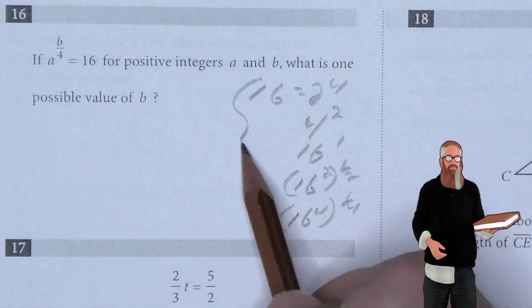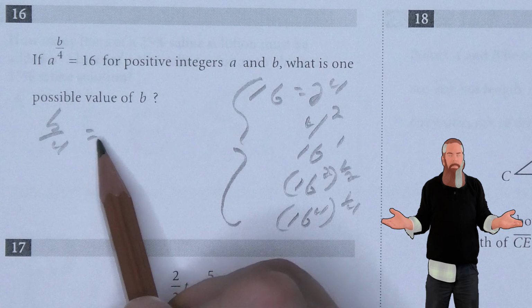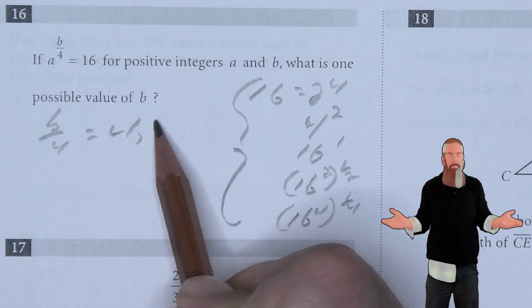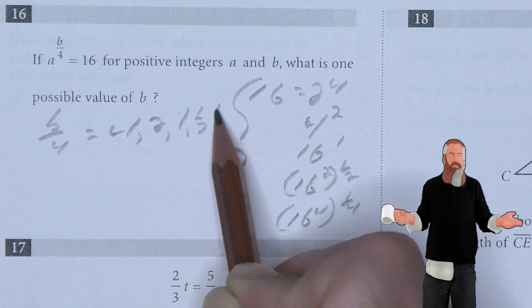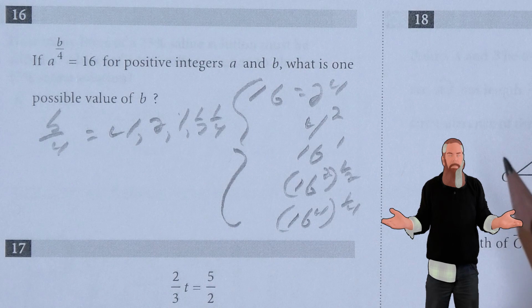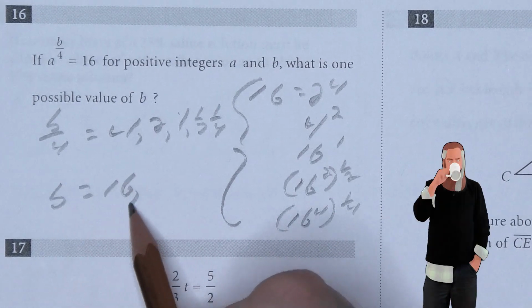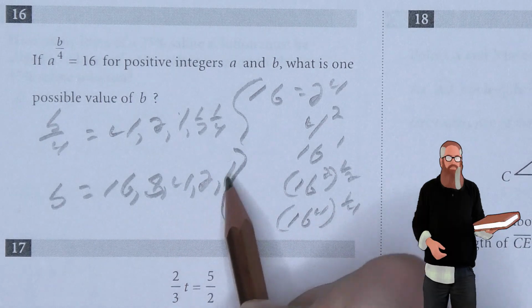Now I'm looking at all of this, and this tells me when I'm looking for a B over 4, B can be equal to 4, 2, 1, 1/2, 1/4. So B is equal to 16, 8, 4, 2, and 1.